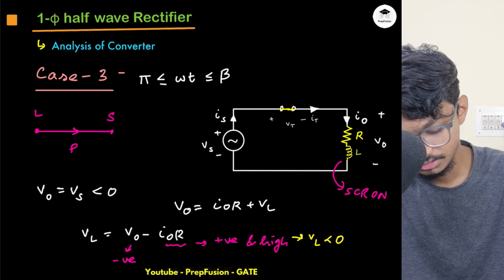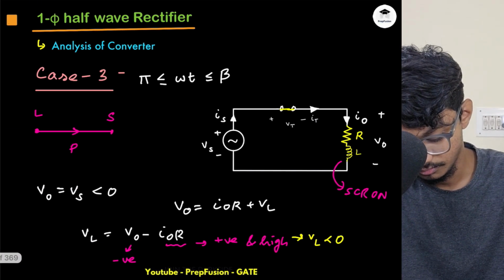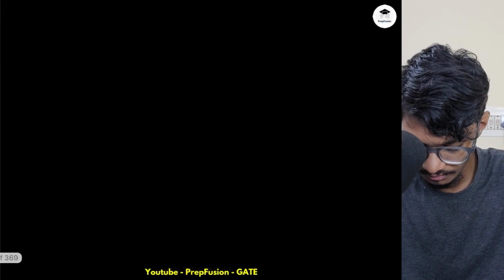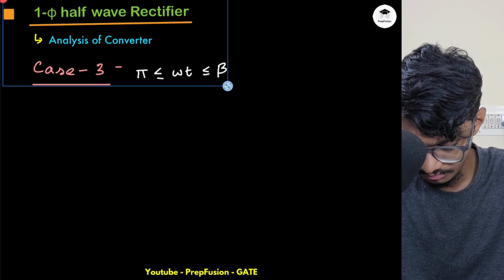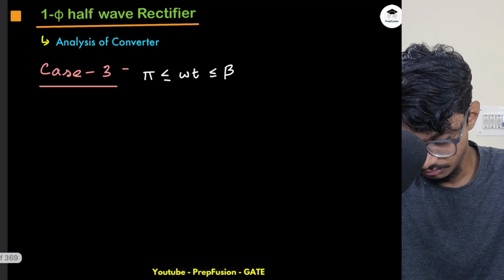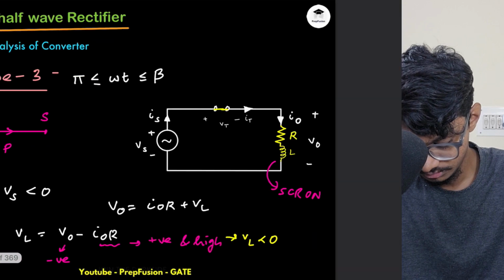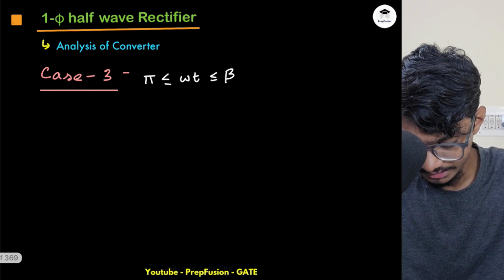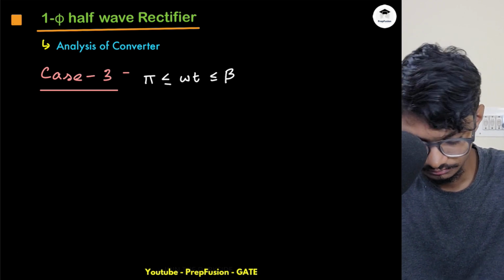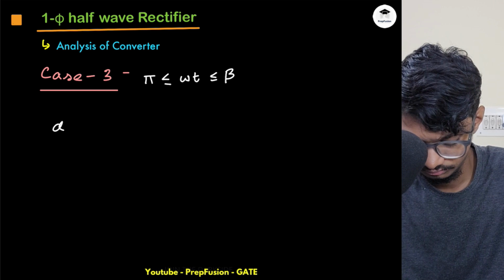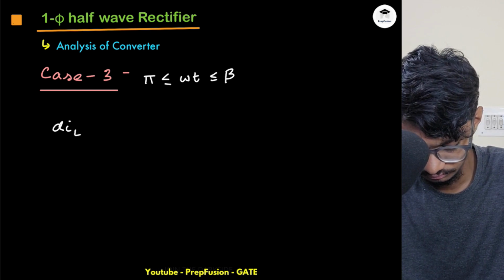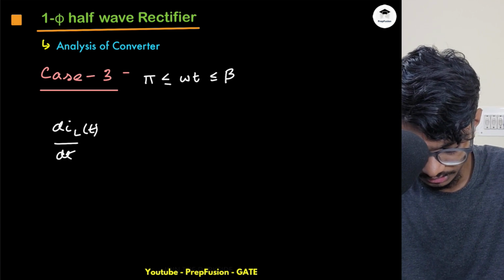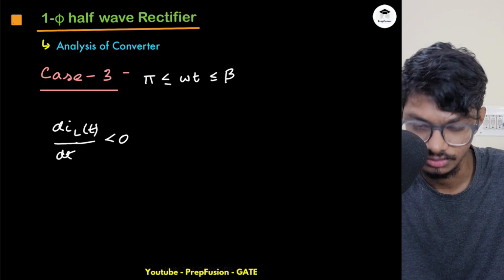That means my dIL by dt is basically less than 0.